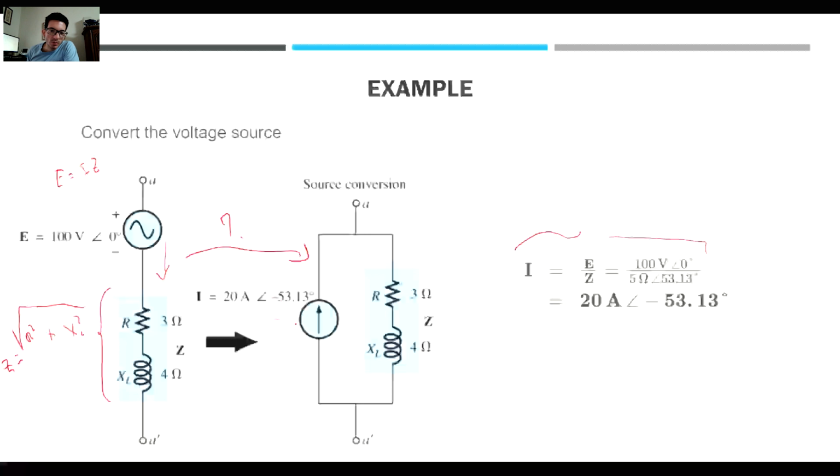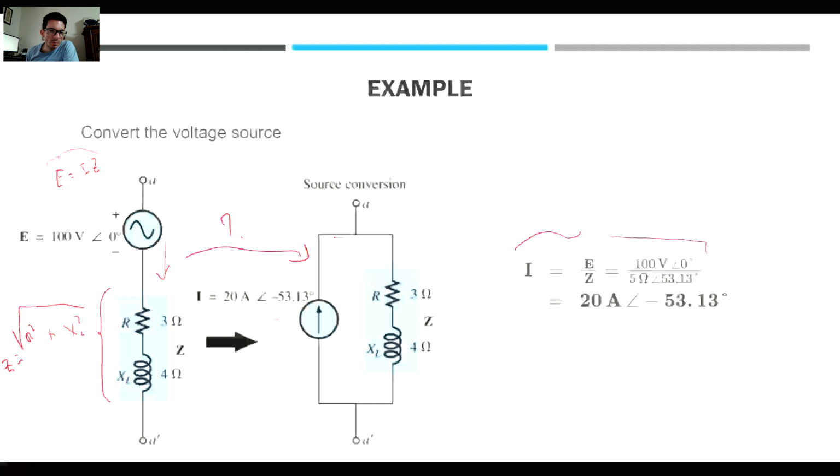Another reason why you want to do this sometimes is because if you have other things going on after the point A and A prime, other circuits connected to this particular part, it's important to be able to take the current instead of the voltage, because you have Ohm's law, which connects voltage to current.